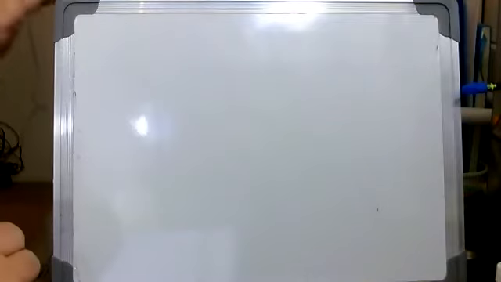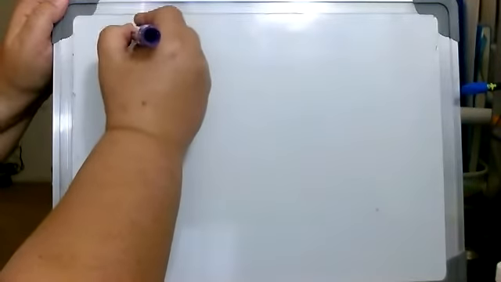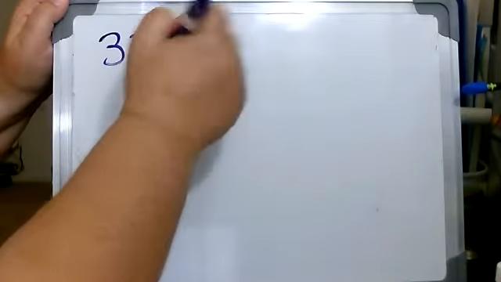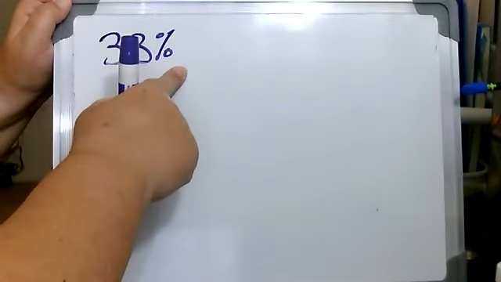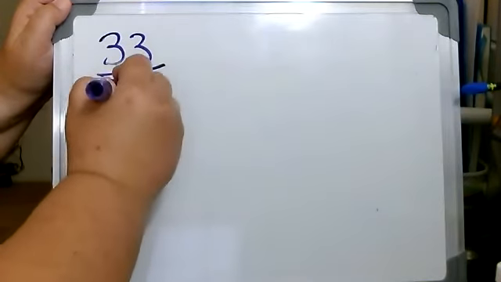Now, anytime you have a percent, you can put the number over 100 and get rid of the percentage sign, and that will make it a fraction. So if you have, again, that 33%, and you want to make it into a fraction, you just have to get rid of this and put it over 100.